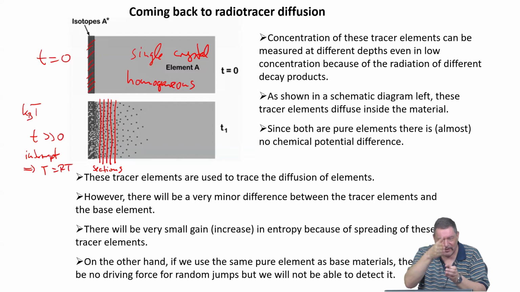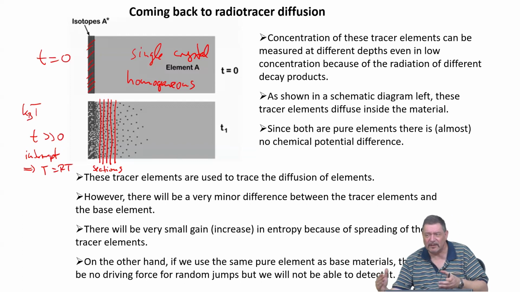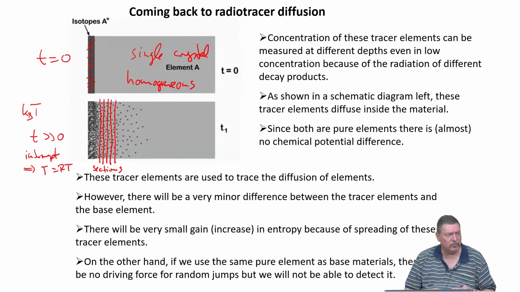So only one interface plane in an area of, let's say, a square inch. So it's not a large number of atoms to count, right? So no other method could do it, but with radio tracer diffusion, this is basically going to the limit of what the method can do with the detectors that are available today.